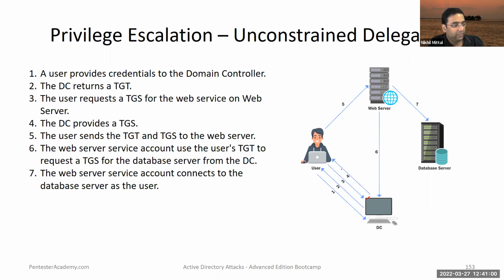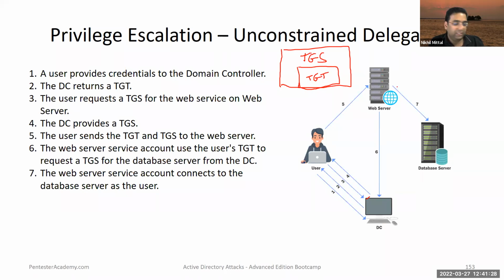So in step 4, when the DC returns the TGS, and this is a representative diagram that I'm going to create, that's not factually correct, what the DC does in step 4 is it sort of encapsulates the user's TGT inside the TGS. So in step 5, this is what the user presents to the web server.